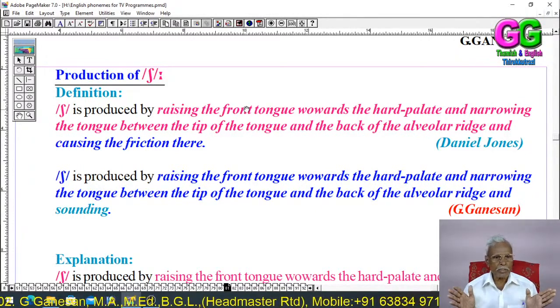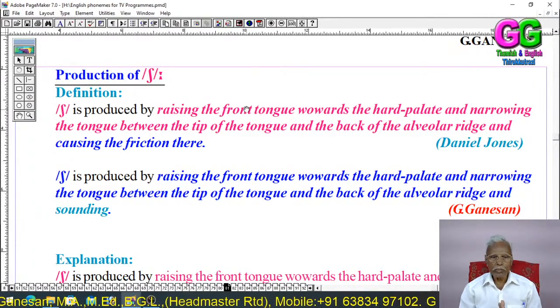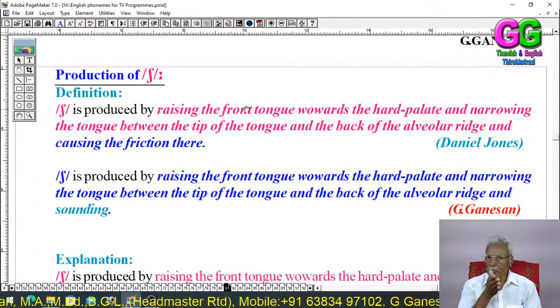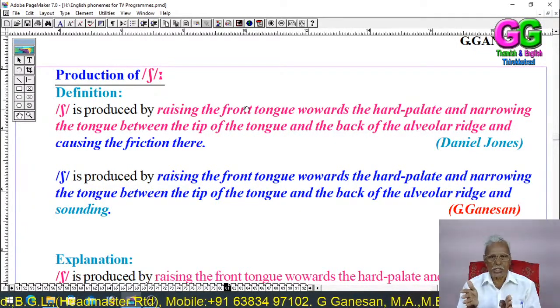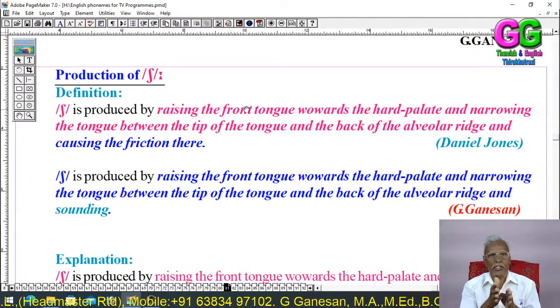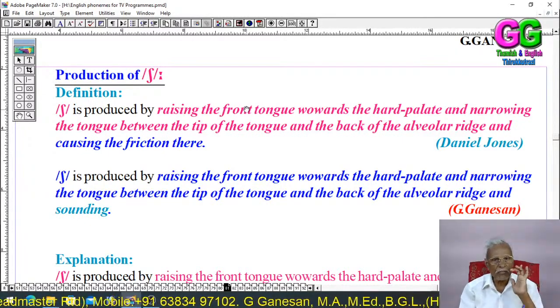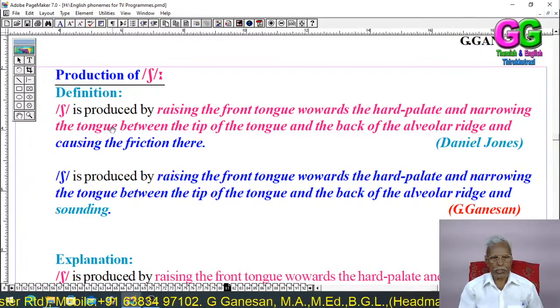This is the definition given by Daniel Jones.